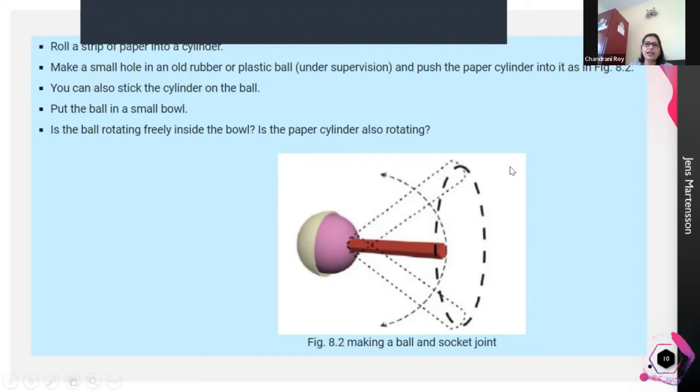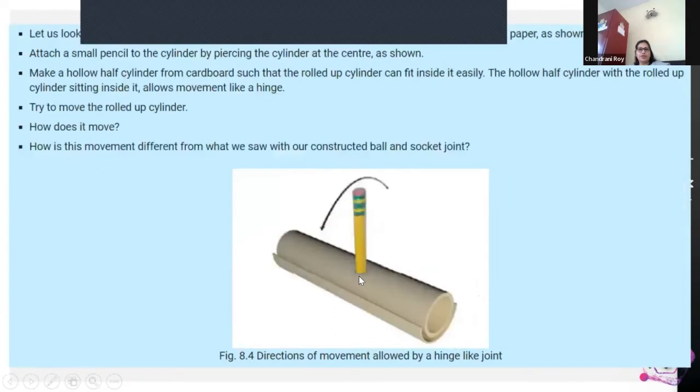The next one is allowing them to understand the hinge joint. So here a small pencil is attached to a cylinder. Generally, many children would be using either aluminum foil or cling film in their kitchens, and they have a nice cardboard cylinder on which the aluminum foil is wrapped.